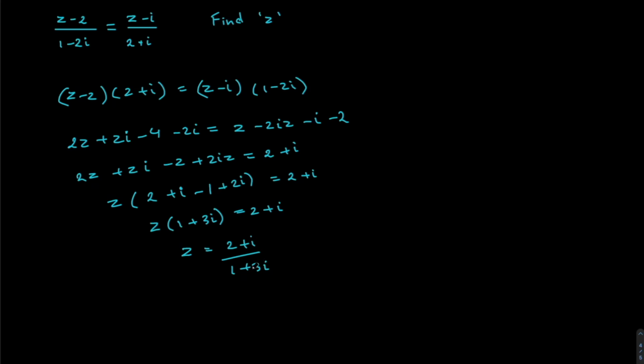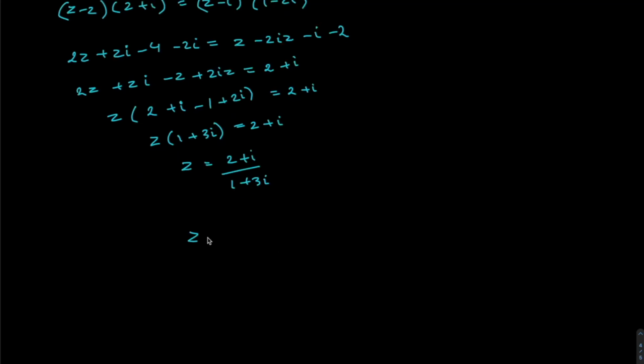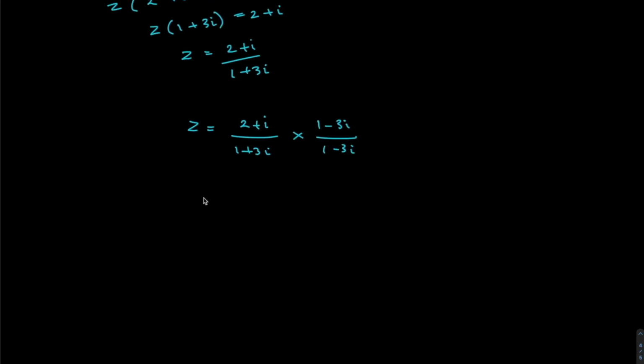Right, but we can't stop here because we have i in the denominator. So again, we multiply by its conjugate. So we have z is equal to 2 plus i upon 1 plus 3i, and then we multiply and divide by its conjugate. So now what we have in the denominator will be a squared plus b squared, which is 1 plus 9.